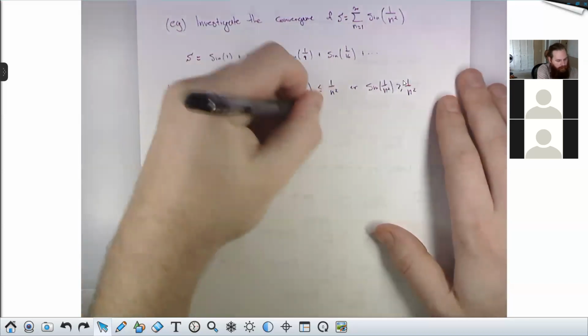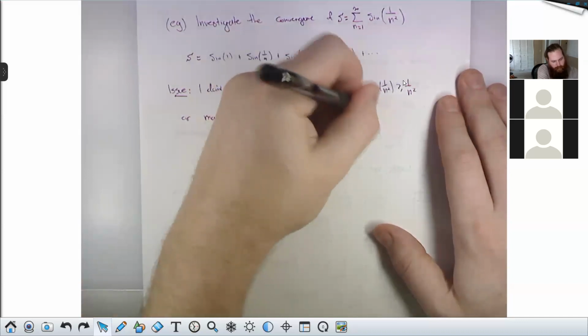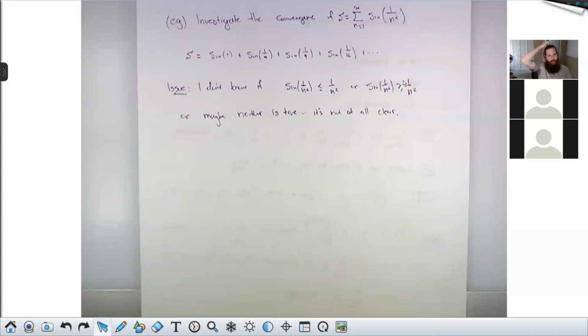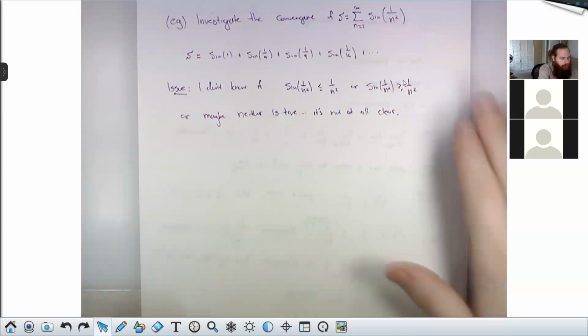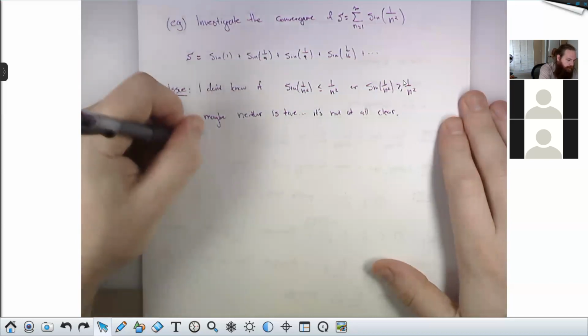It's not at all clear. So DCT is out. Also, the integral test won't work. So DCT, the inequality is hard.